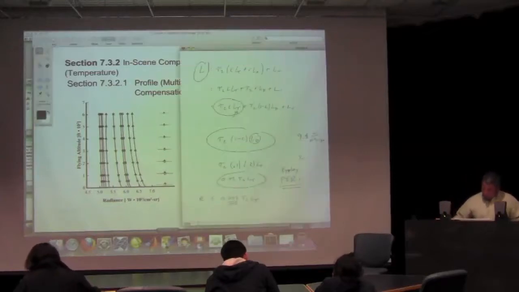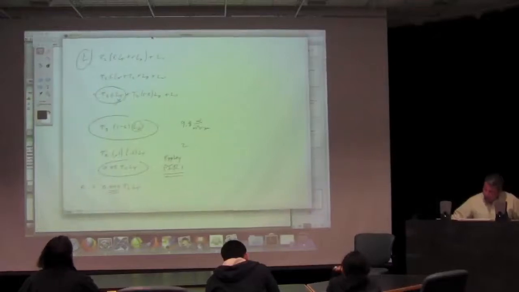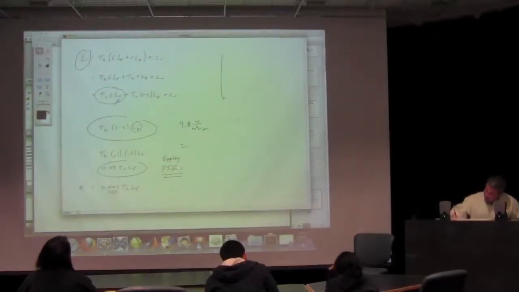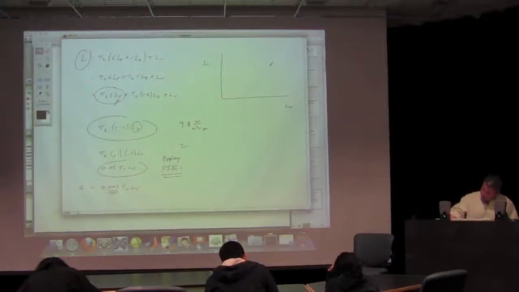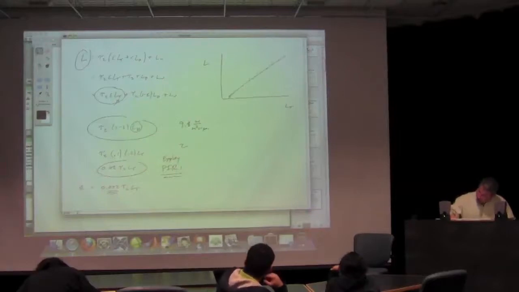So if I measured some radiances on the ground, the L_T's, and I measured some radiances at my sensor, L, I can plot those points. Hopefully I get some data that shows some nice correlation. I could fit a regression line through that.